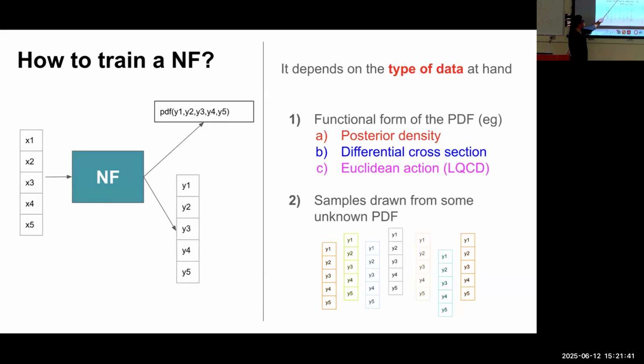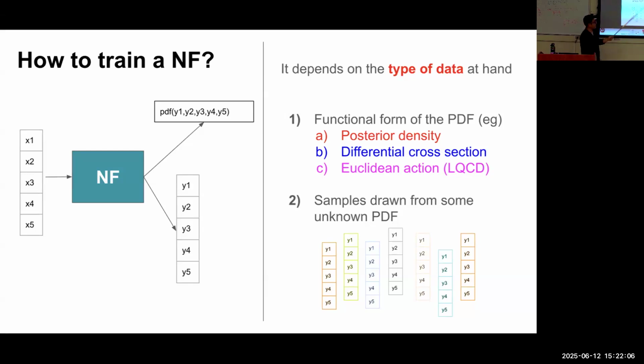So what are the examples of such? Suppose you have the analytic expression for your posterior distribution. This belongs to this class, when you have a functional form for the PDF. Another possibility is that you want to sample a differential cross-section for whatever reason.